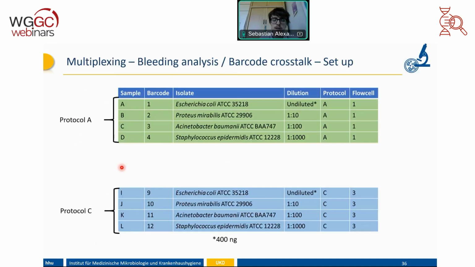I can show you here. We used Escherichia coli in the highest concentration, Proteus mirabilis in a dilution 1 to 10, Acinetobacter baumannii in a dilution 1 to 100, and Staphylococcus epidermidis 1 to 1000. And we analyzed them on one flow cell with the standard protocol and with our own protocol on another flow cell.